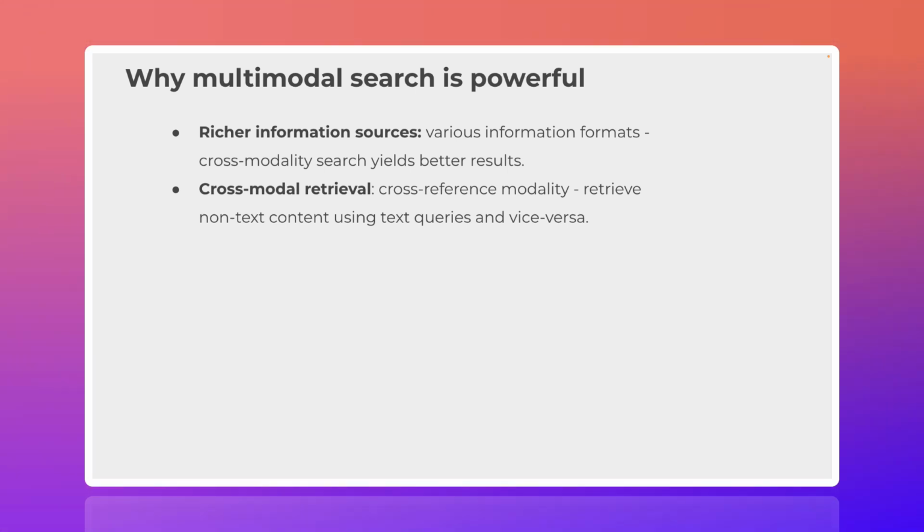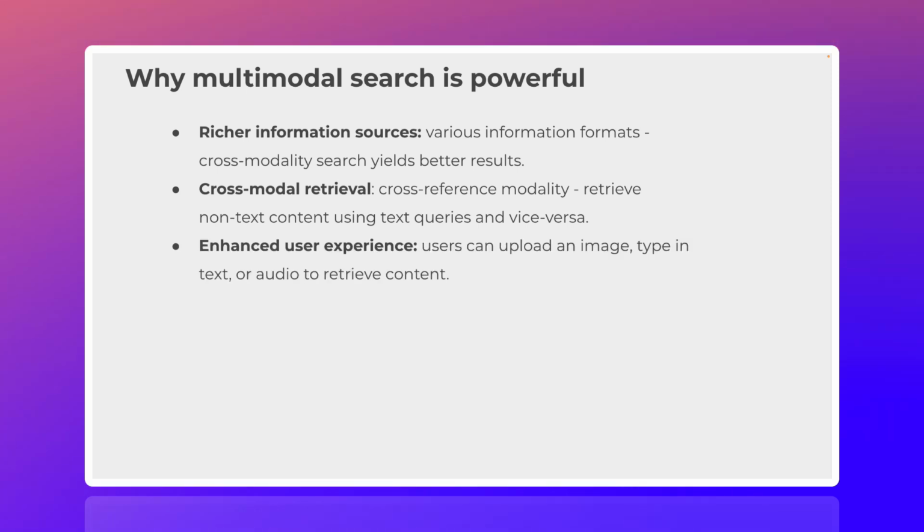And also we can have an image of a landmark that can be used to retrieve text-based historical data or articles related to that landmark. So that's what we mean by cross-modal retrieval.